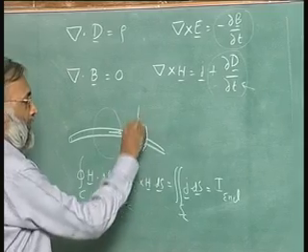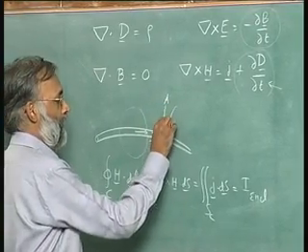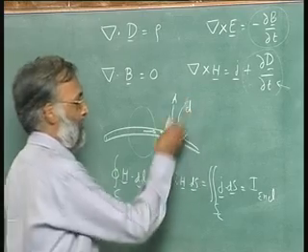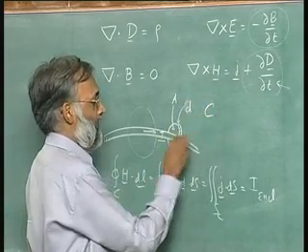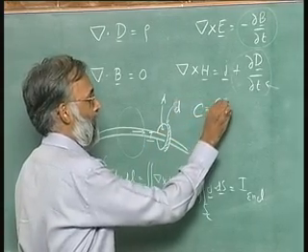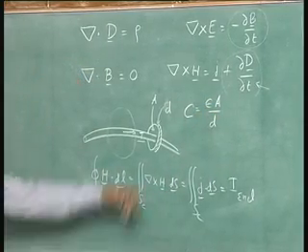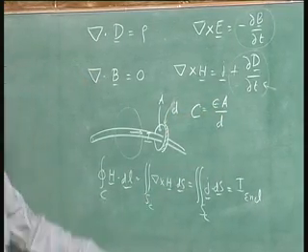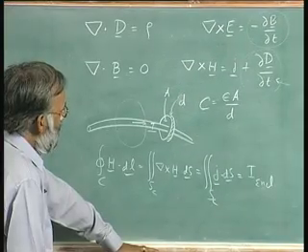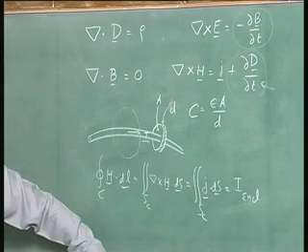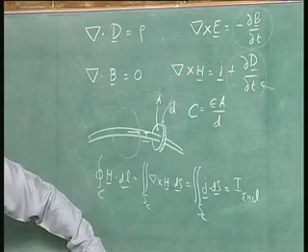The discs have an area A and the dielectric has a thickness d. So, I know that the capacitance of this is going to be epsilon A over d, where epsilon is the dielectric constant. However, the dielectric is an insulator, there is no current flowing in the dielectric.